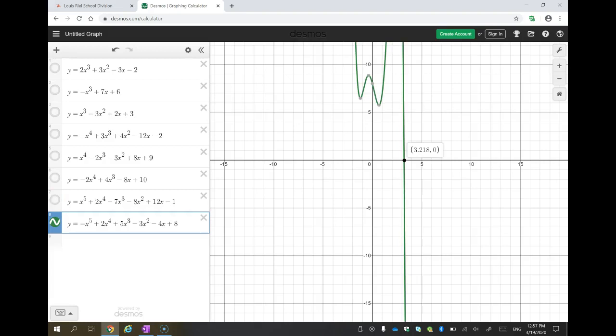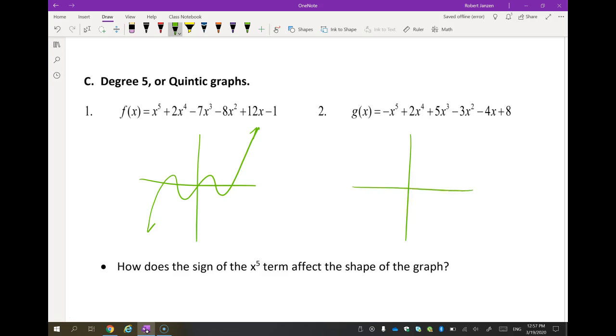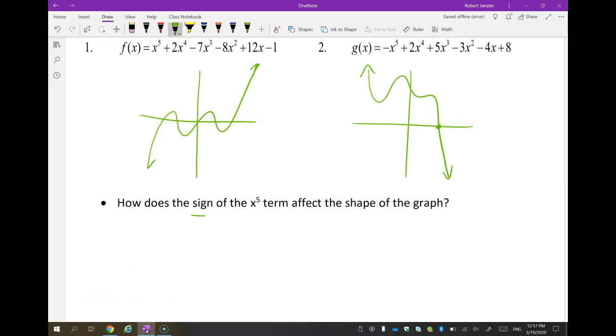Okay? So going back to our notes, this one, power of 5, had the 5 intercepts, and this one actually only had 1 intercept. Okay, so that's what the sign does to the graph.